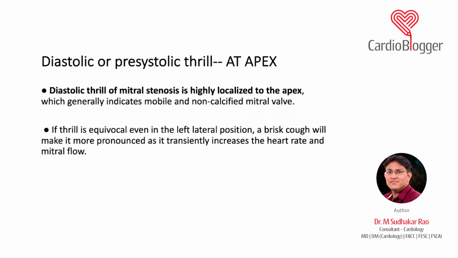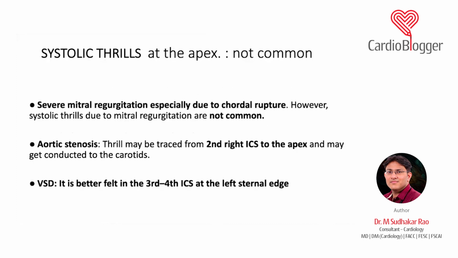It indicates that the valve is mobile and non-calcified. Unless a valve is mobile and non-calcified, you may not be able to feel a diastolic thrill. And if the thrill is equivocal, even in the left lateral position, you can try to do something which increases the LA pressure, like exercising or asking the patient to cough, where the heart rate and LA pressure increase, and you may be able to feel a thrill.